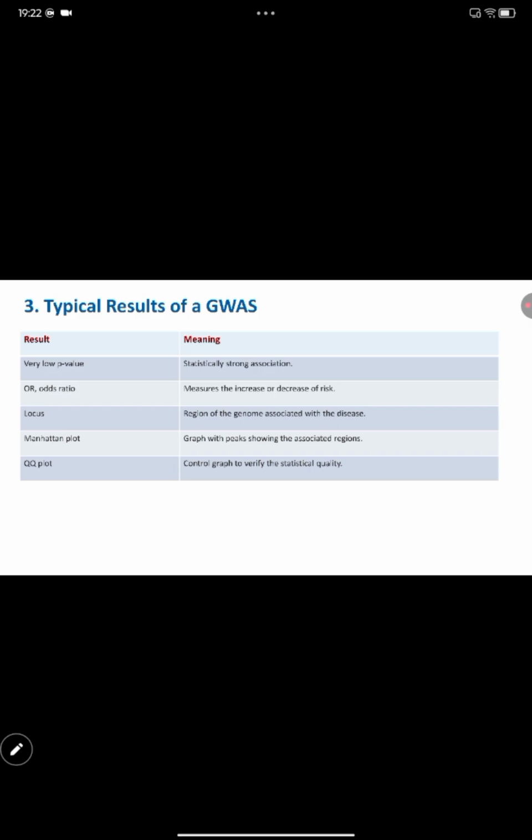Locus is the genome region associated with the disease. A Manhattan plot is a graph showing peaks at the associated regions, and the QQ plot is a control graph used to verify the statistical quality of the analysis.